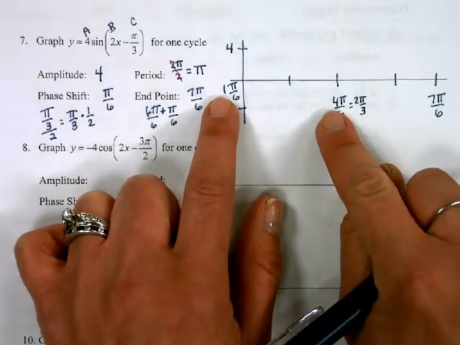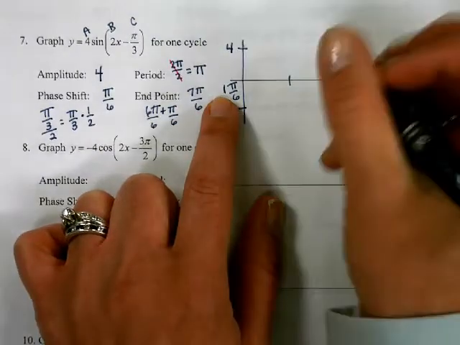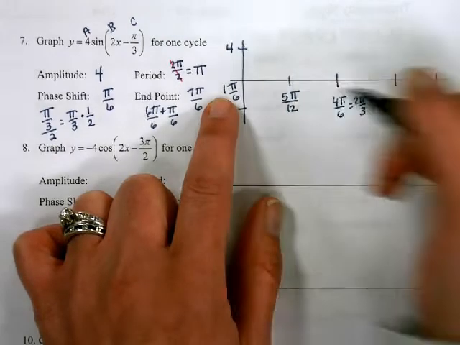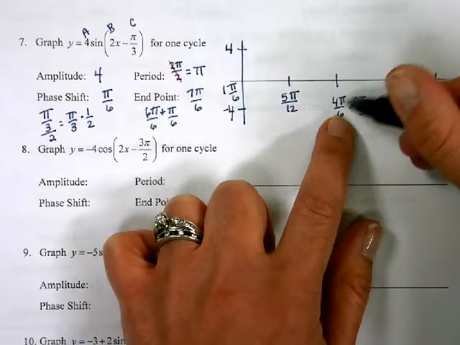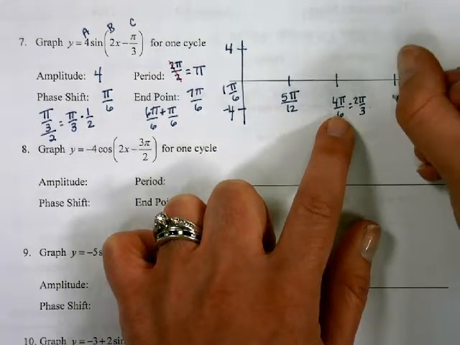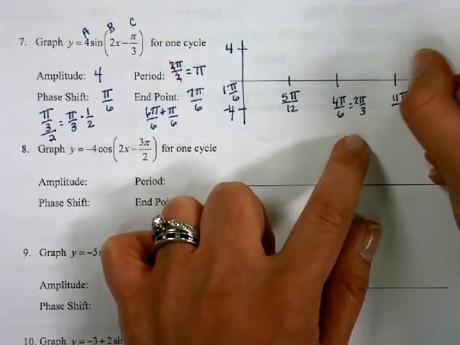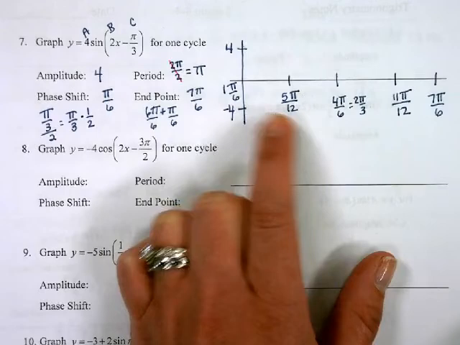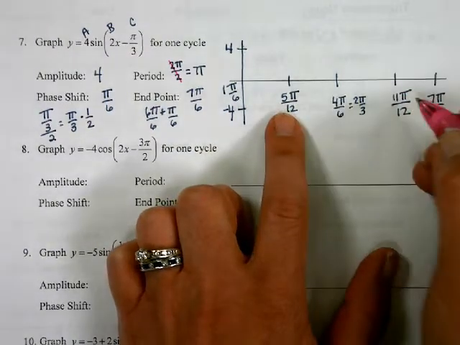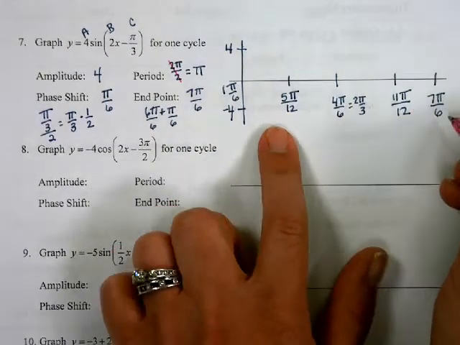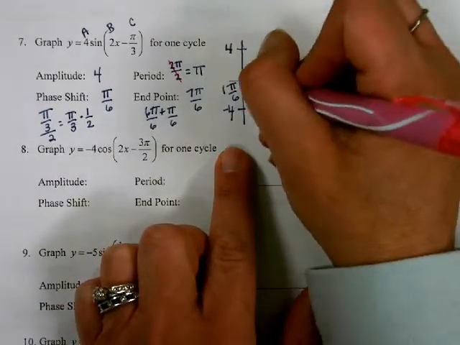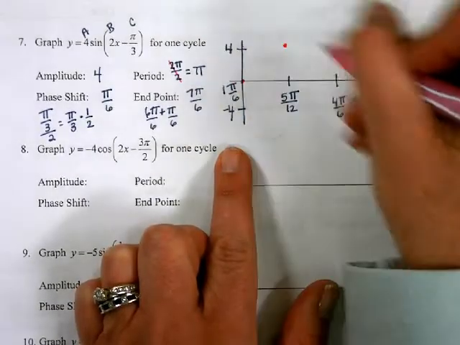I can't cut 5 in half, so I'm going to double the denominator. 5 pi over 12. 4 plus 7 is 11. I can't cut 11 in half nicely, so it's 11 pi, double the denominator, over 12. So pi over 6, 5 pi over 12, 2 pi over 3, 11 pi over 12, 7 pi over 6. It's sine, it's positive, so I'm going to start at 0, up, 0, down, 0.